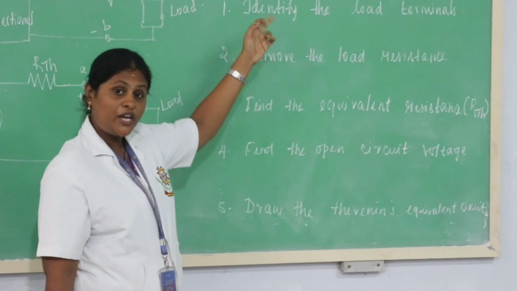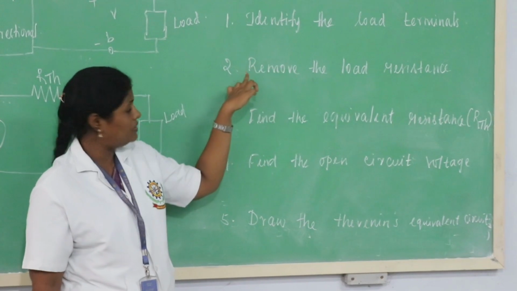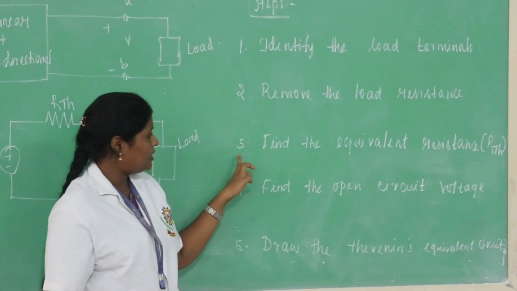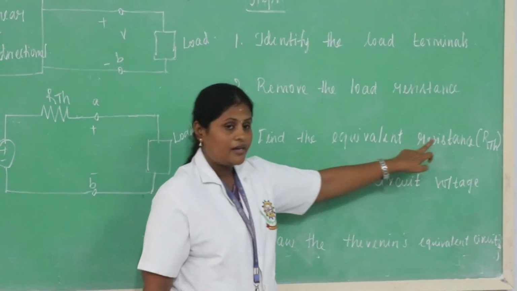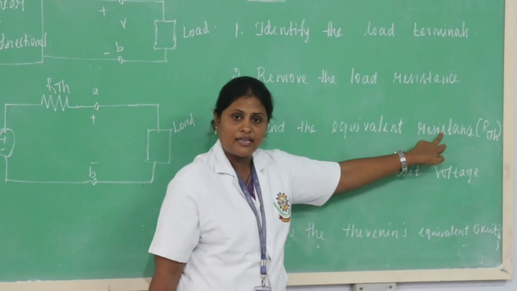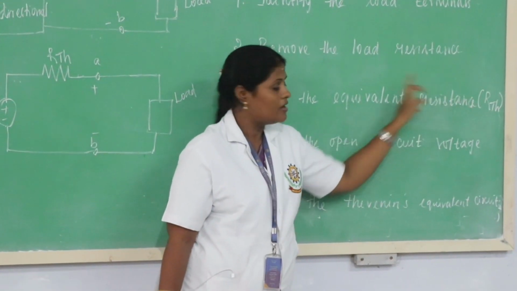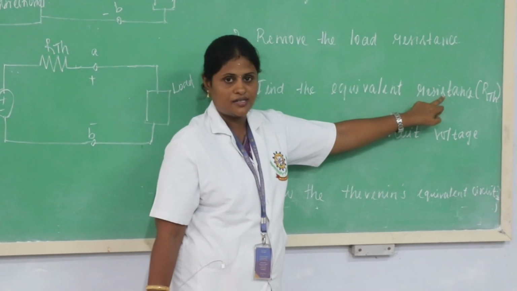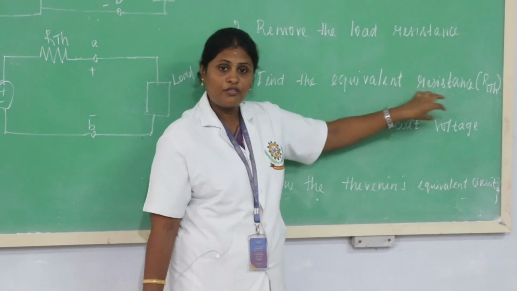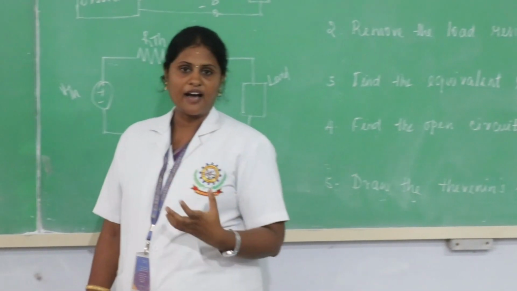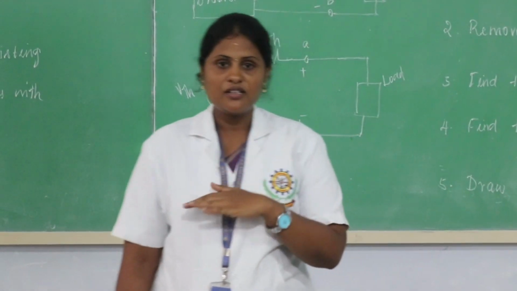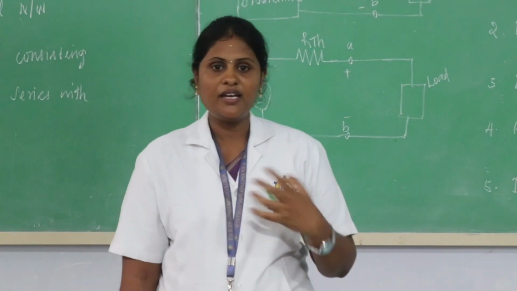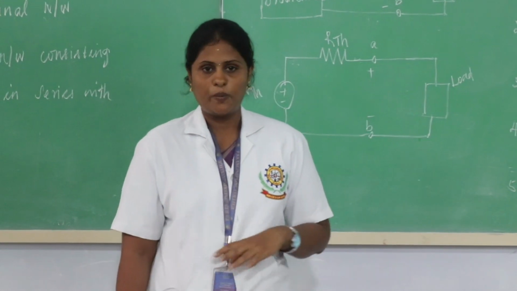Step 3, find the equivalent resistance, which is nothing but the Thevenin resistance. While finding the equivalent resistance, if the circuit has a voltage source, it will be short circuited. If the circuit has a current source, it will be open circuited.